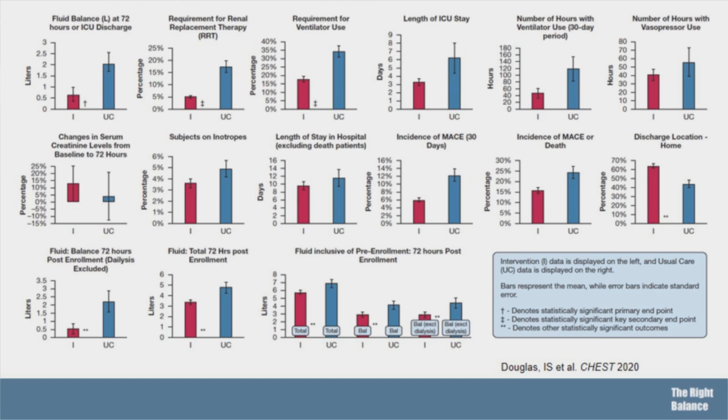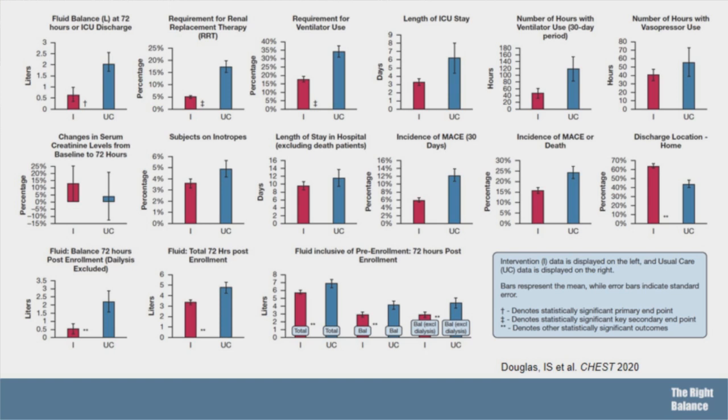Need for vasodilators, vasopressors, length of ICU stay, hours on the ventilator, vasopressor, this is ventilator use, this is vasopressor use. This is, of course, looking at these other issues of the serum creatinine.